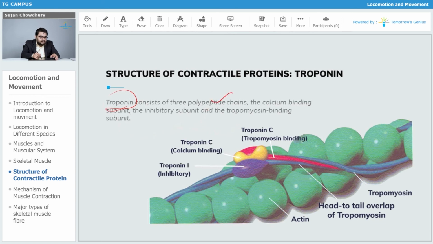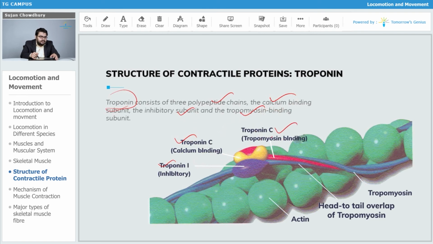It has 3 polypeptide chains, the calcium binding subunit that will bind with calcium, here the troponin C, which is important for calcium binding, the inhibitory subunit, that is troponin I, and tropomyosin binding subunit, that is troponin T here.